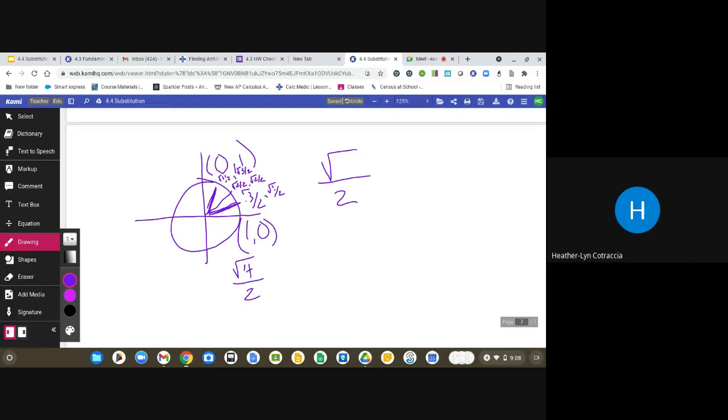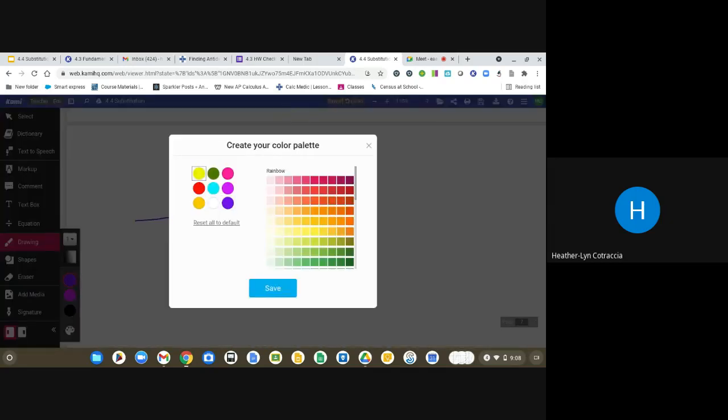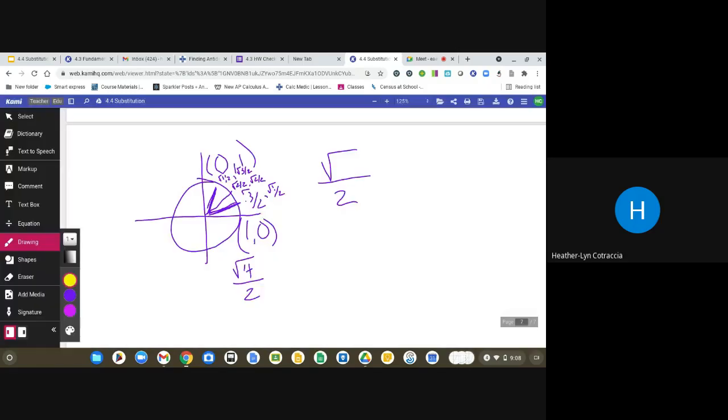So pi over 3 would be this one right here. That would be my pi over 3, because remember, there's pi over 6 down here, pi over 4, and then pi over 3.